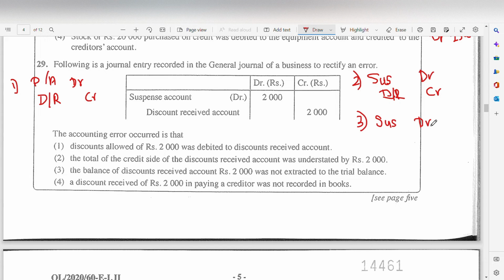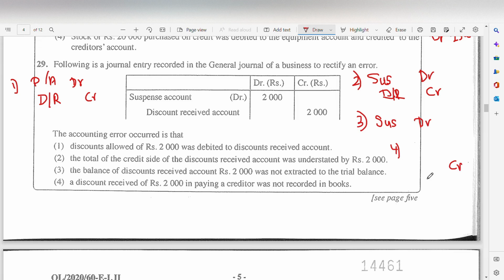be a double entry. A discount received of rupees 2000 in paying a creditor was not recorded in the books. Now you have received a discount of 2000 when you are paying a creditor and you didn't bring it to the books, which means you will credit your discount received account.